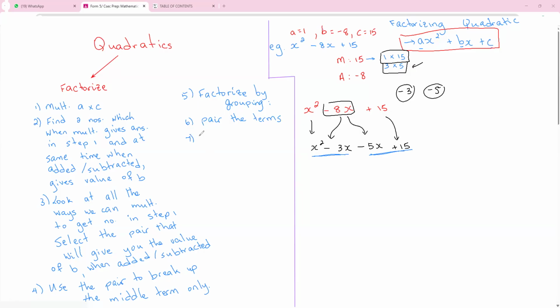And then we factorize by HCF, or highest common factor, the first pair only.